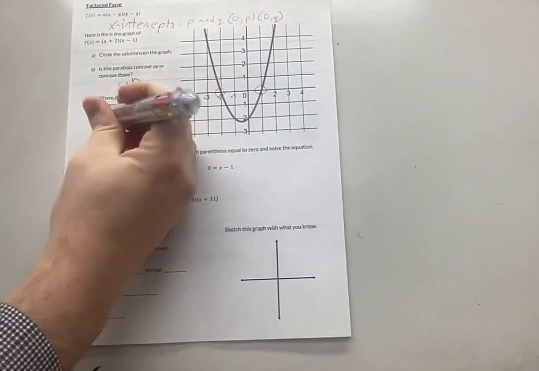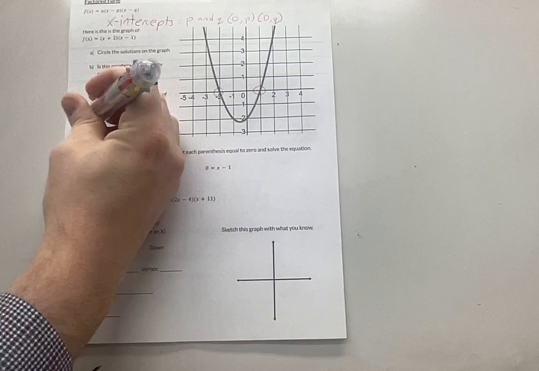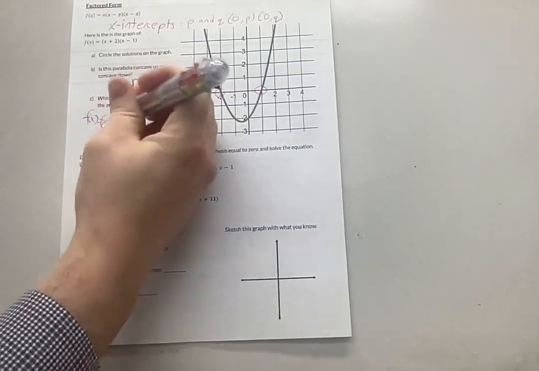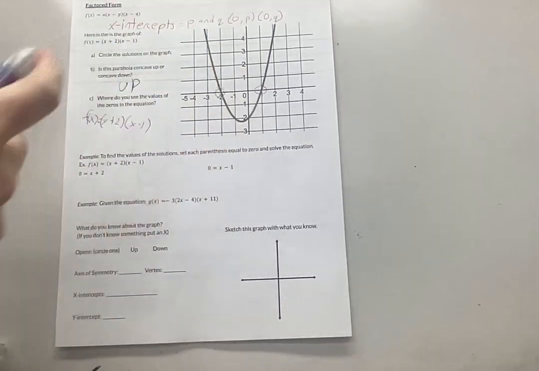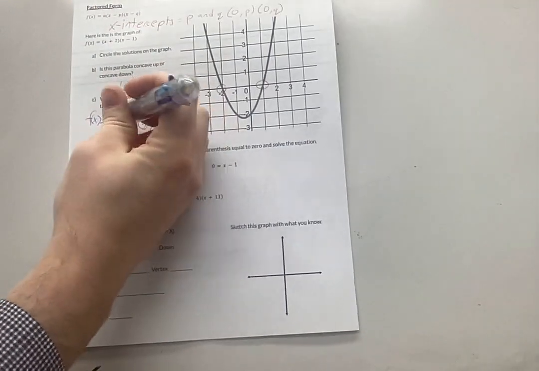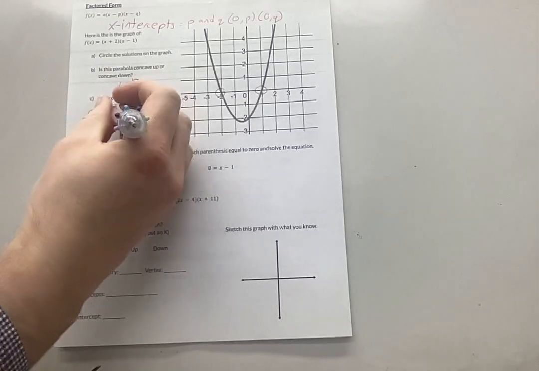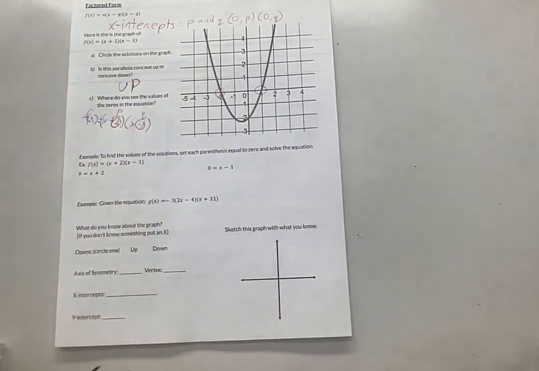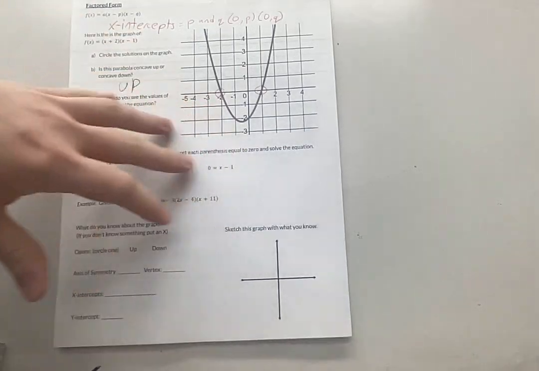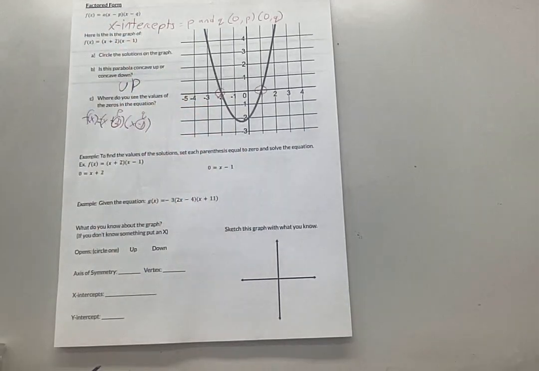I see them because we have f of x equals parentheses x plus 2, parentheses x minus 1, and this is where I see them, here and there. Notice there's a p and there's a q. And that's how we interpret this graph in factored form.